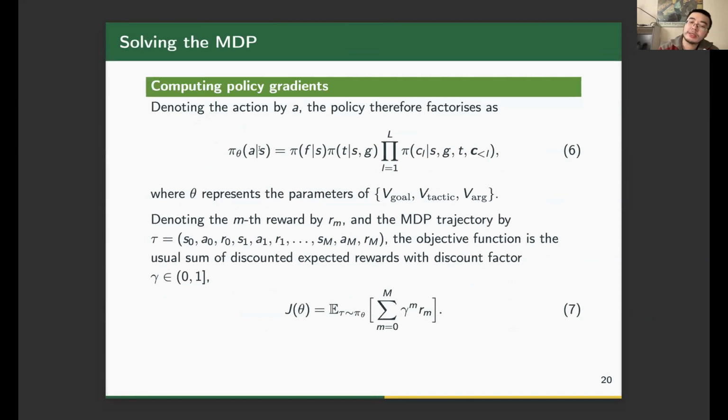What is a policy? Given a state, we need to choose an action, right? We've defined what the state is and what an action is, and we just need to compute the probability of choosing that action given the state. It is defined as the product of the probabilities that we've just computed.